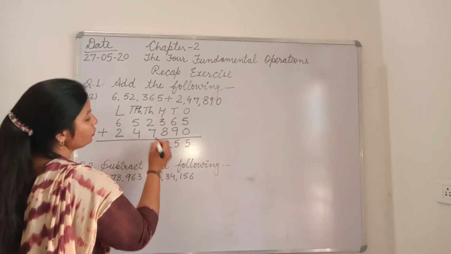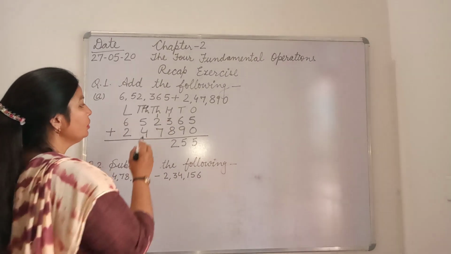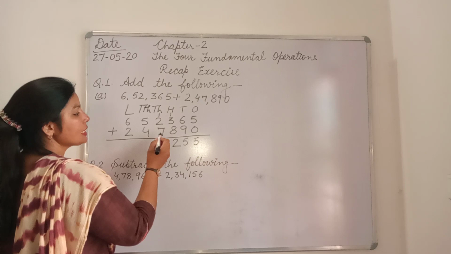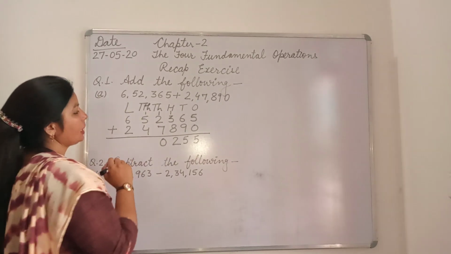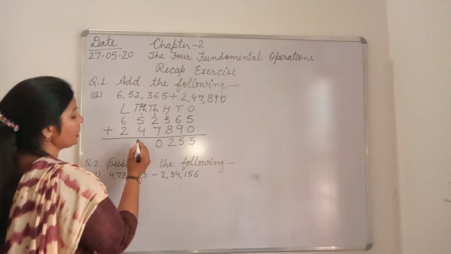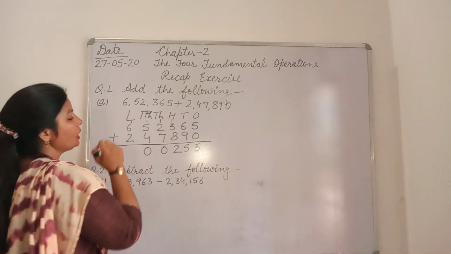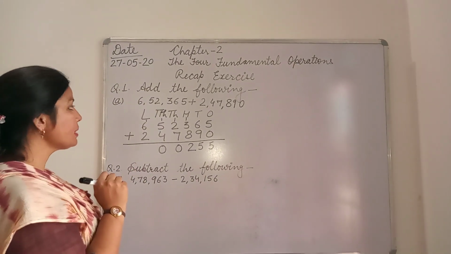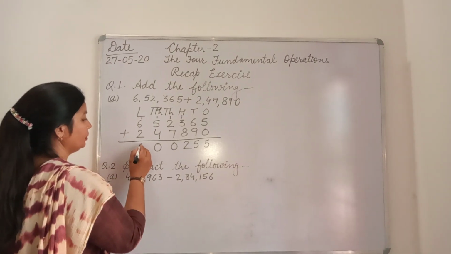So we write 2 and 1 goes as carry. Now 2 plus 1, 3, and 3 plus 7, 10. So we write 0 and 1 goes as carry. Now 5 plus 1, 6. 6 plus 4, 10. So write 0 and 1 goes as carry to the lakhs. Now 6 plus 1, 7, and 7 plus 2, 9.